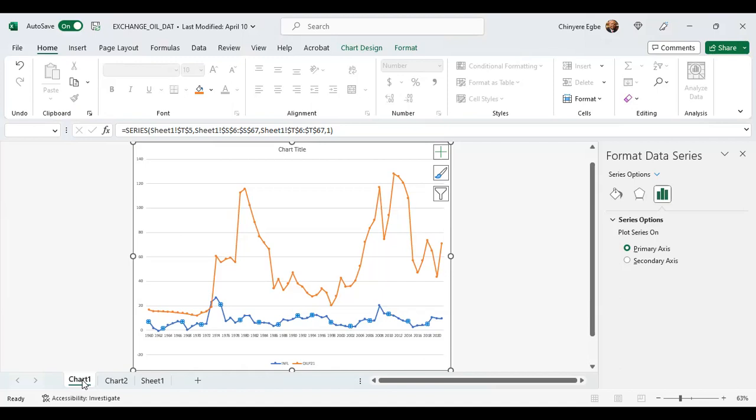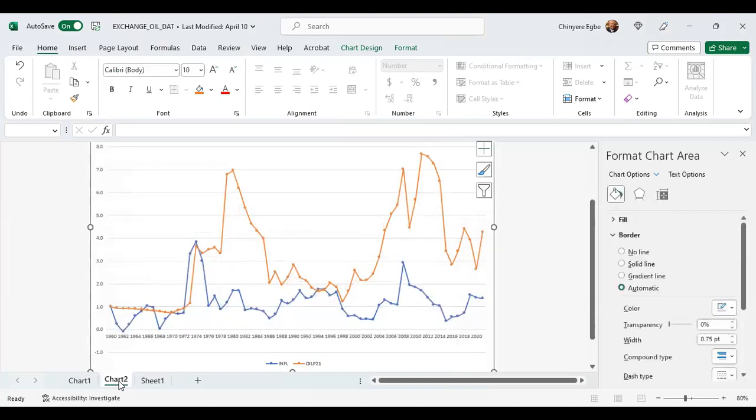And in as much as the oil price affects inflation, the whole idea is to show that if oil price goes up here, inflation goes up. But you'll not see it very clearly if you plot the values.